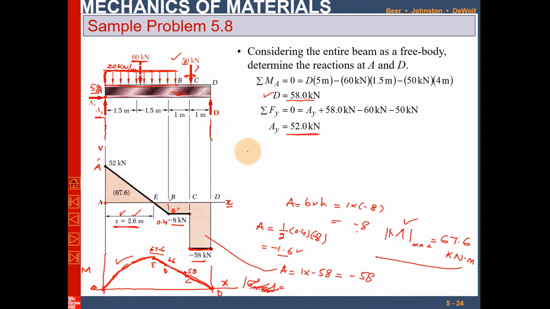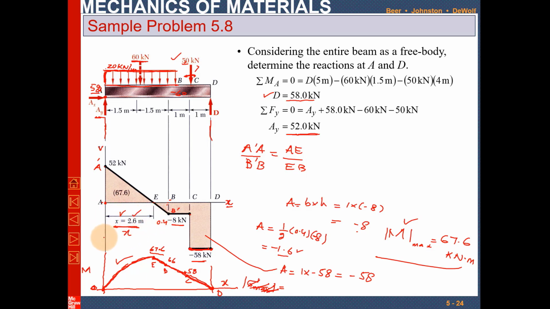So if we take A dash over B dash, that will be equal to AE over EB. Clear? We do not know this distance, and we know that this distance is x.